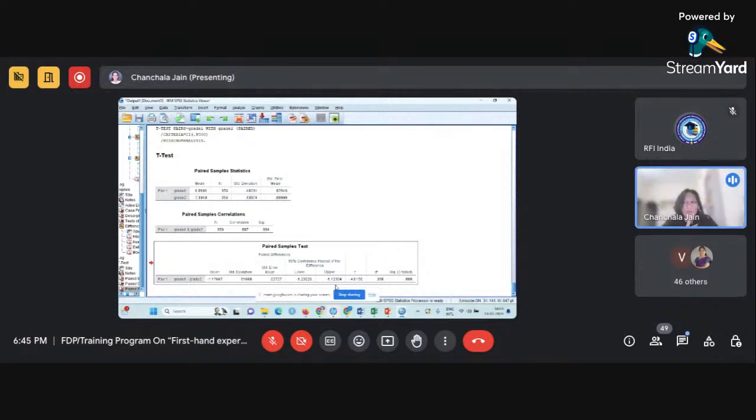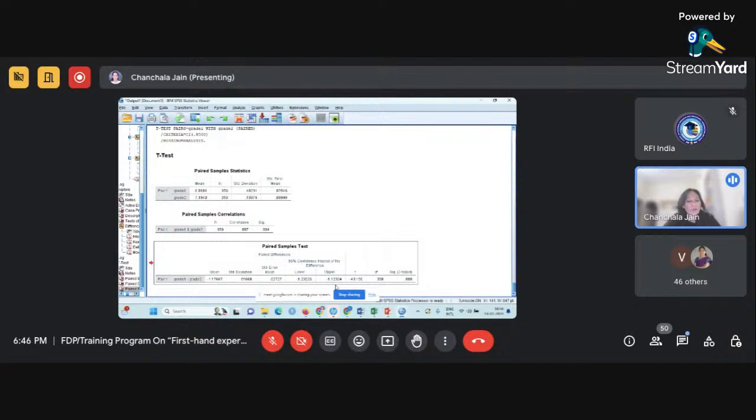Usually this happens, for example, in my teaching. Suppose I'm teaching my class and I have prepared a quiz, a test for them. Before teaching, I give a test, and after teaching, I repeat the same test, because I want to check whether the students are now able to give the answers to the same questions or not.